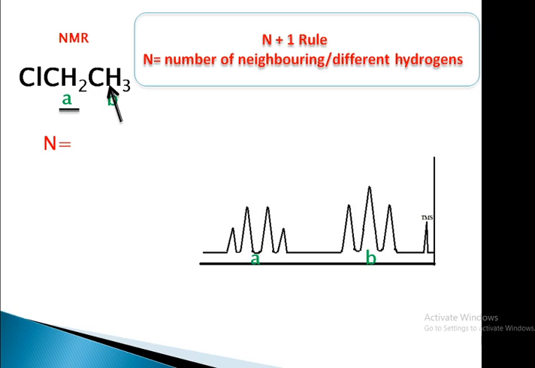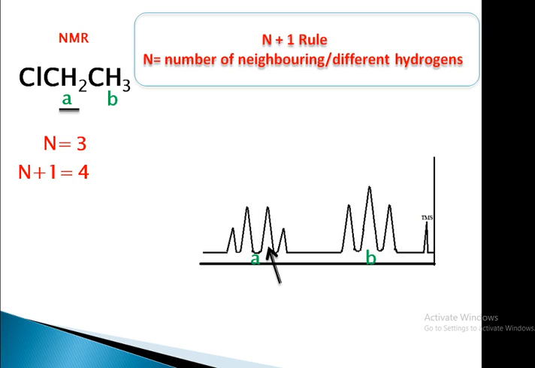So the n value of the A type hydrogen is 3, and if we put this into the n plus 1 equation, we get 4 as the n plus 1 value. Corresponding to the A hydrogen we get four different peaks. So this is the reason we get four different peaks for the A type hydrogen.